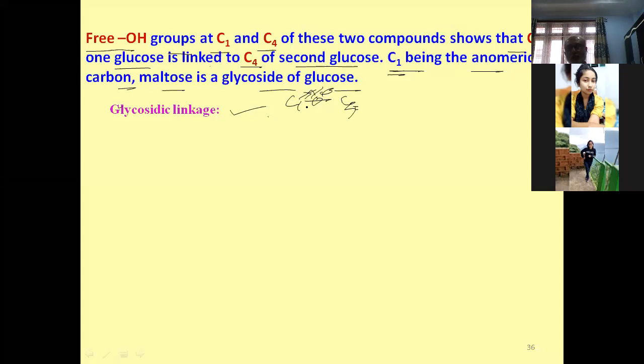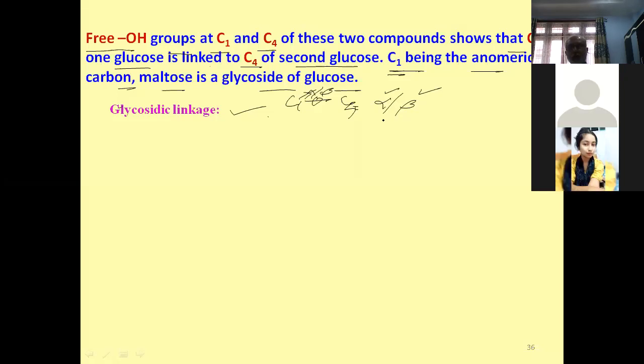What do we have to do so that we know it is alpha or beta? We have to establish whether it is going to be an alpha glycoside or a beta glycoside. You may not know it; if you know, you tell me, otherwise we proceed.